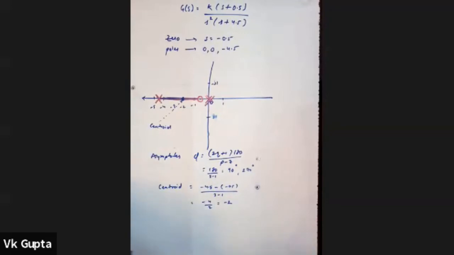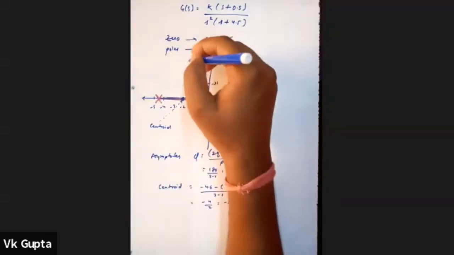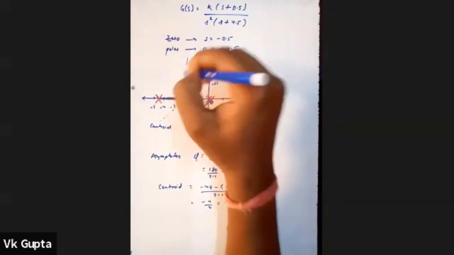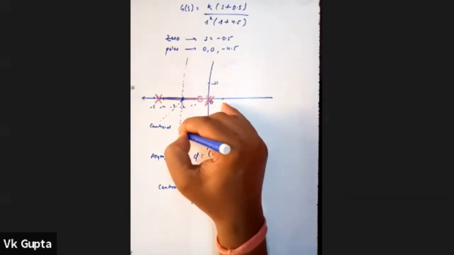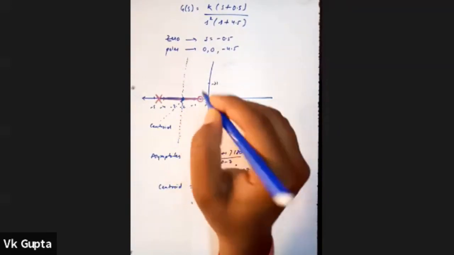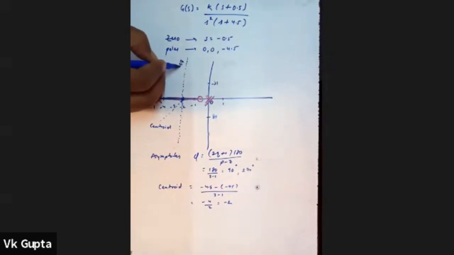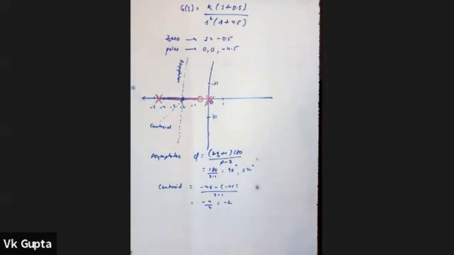And mark 90 degrees and 270 degrees. So this is 90 degrees and 270 degrees. So these are the two asymptotes.